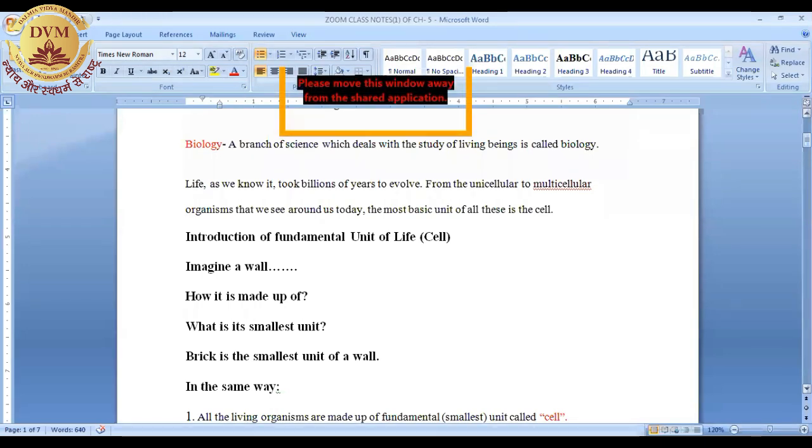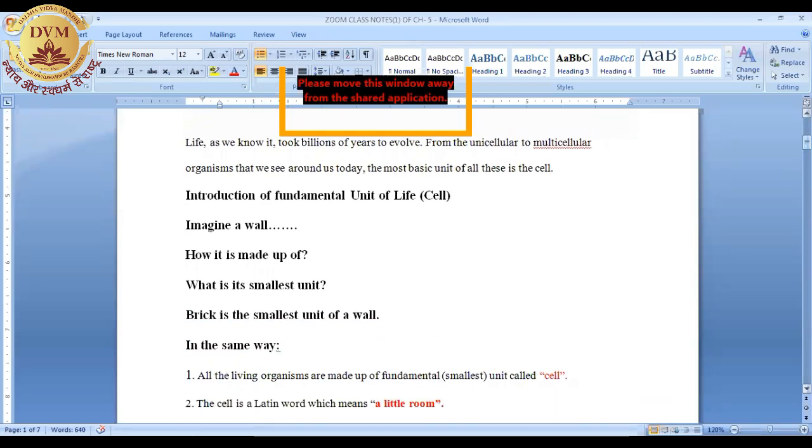Now, whether it is a unicellular or a multicellular organism, the basic unit of its life is the cell. To understand this concept better, let's imagine a wall around you. What is it made up of? What is its smallest unit?